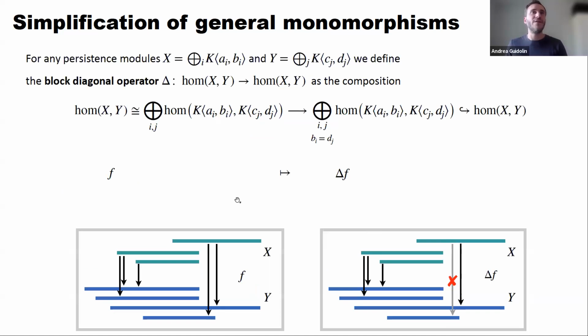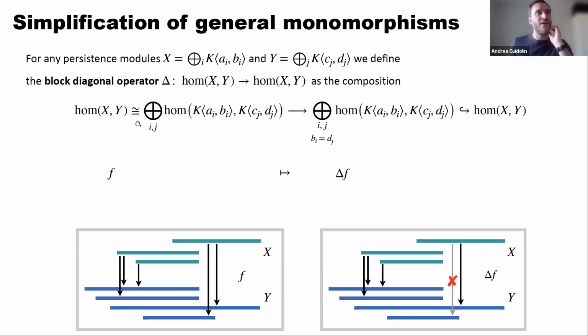And the formal way to do this is to define a block diagonal operator that takes in a morphism between persistence modules X and Y and returns another morphism between the same persistence modules X and Y. This is called the block diagonal operator, delta. And it's defined as follows.